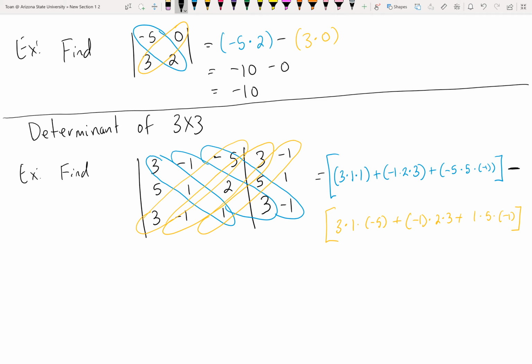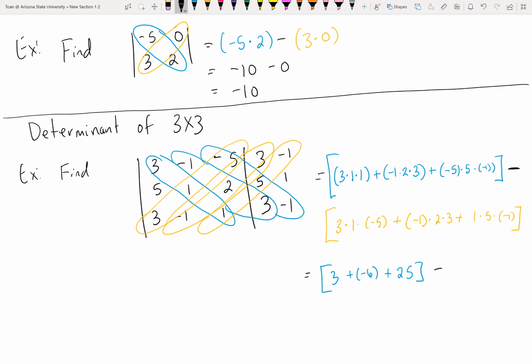So you can see how a 3x3 just makes the work a little bit bigger, but it's the same premise. It's the same idea. Do the blue diagonals minus the yellow diagonals. And then you just do math. Let's do the first blue here. 3 times 1 times 1 is 3, plus -1 times 2 times 3 is -6, plus -5 times 5 times -1 is a positive 25.